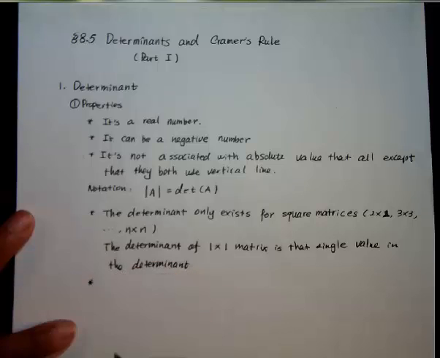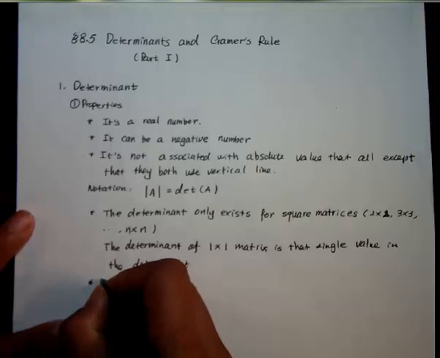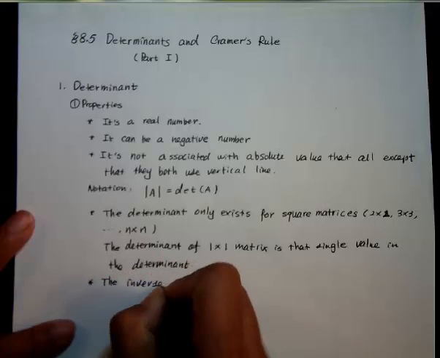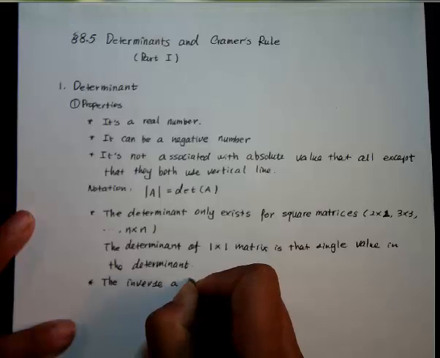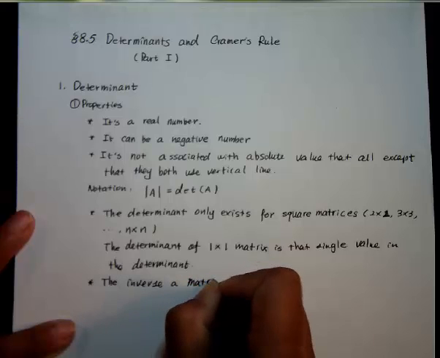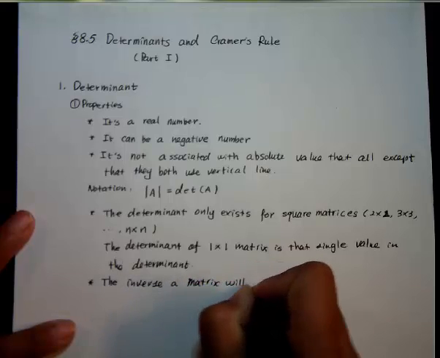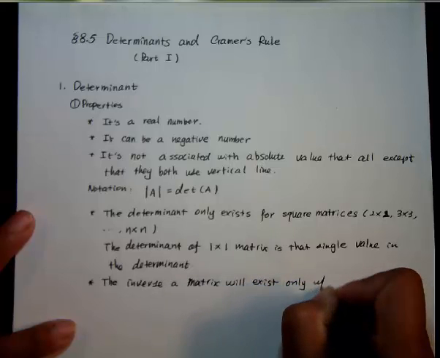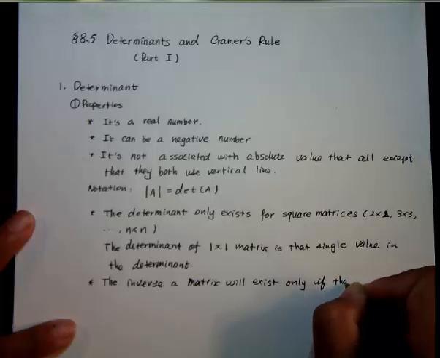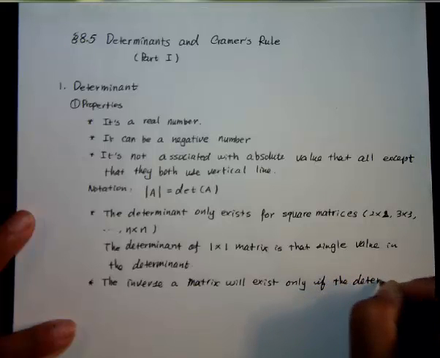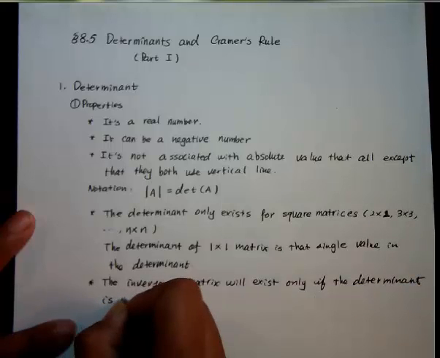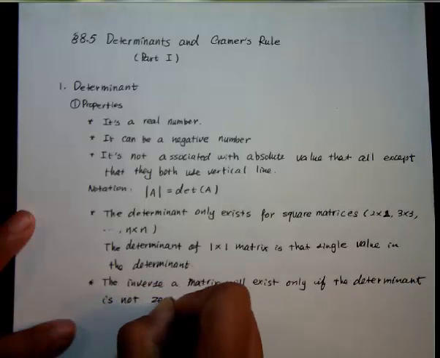If we are looking for the inverse of a matrix, then the inverse of a matrix will exist only if the determinant is not 0.